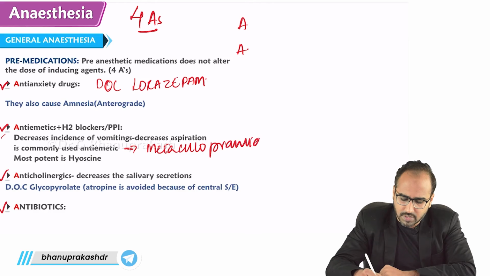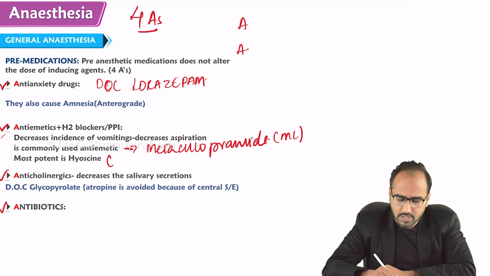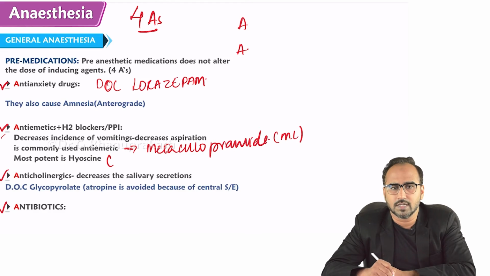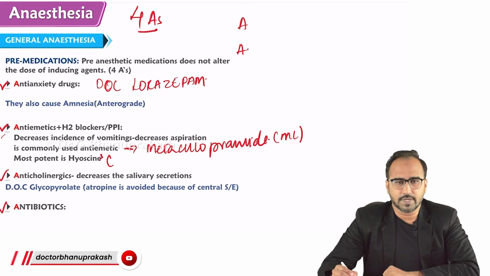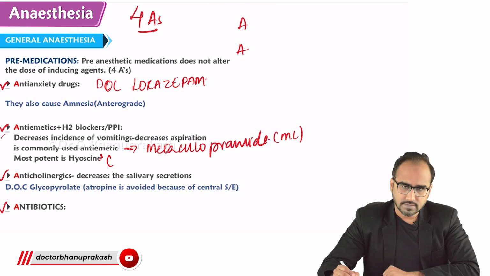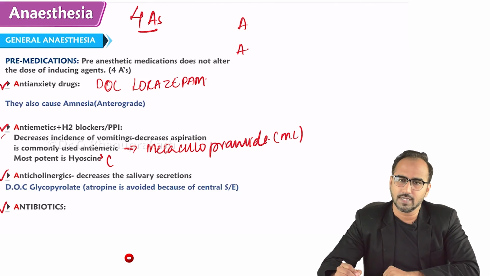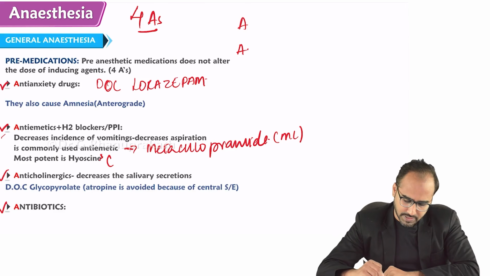But the most potent drug is hyoscine. Why do you give an anti-emetic to a patient? To prevent regurgitation. The most commonly used anti-emetic is metoclopramide, but the most potent is hyoscine.